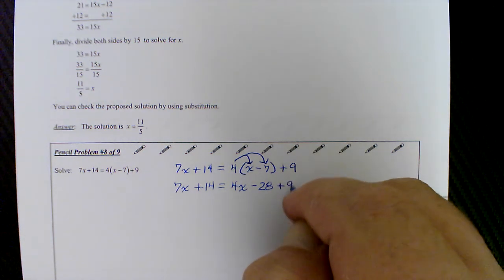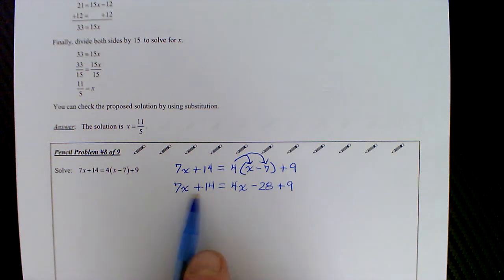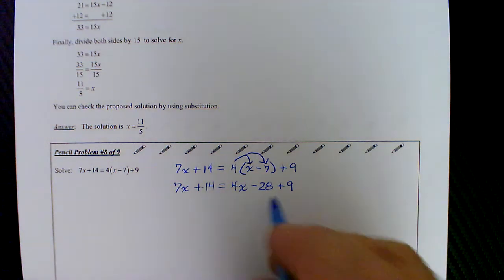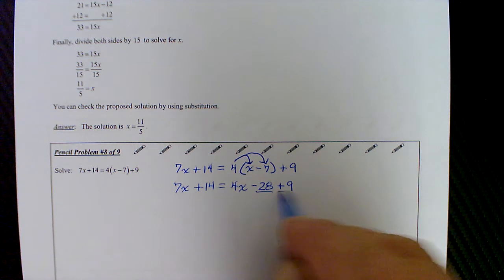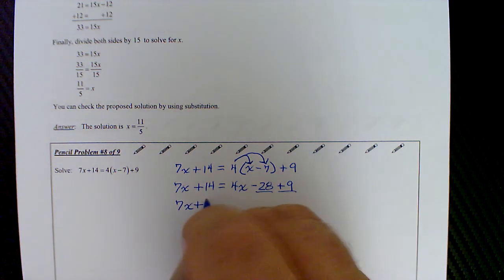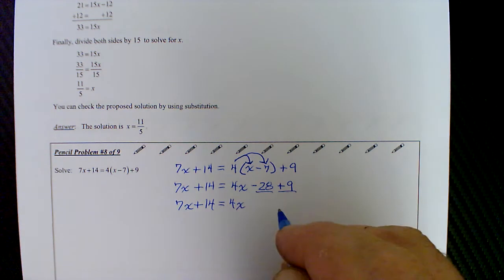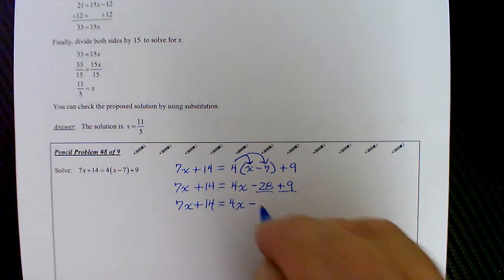Okay, on the left we're good, only two terms, x's and numbers that can't be combined, but on the right we see the constants can be combined. So I'm recopying the left, recopy the 4x, combine -28 and +9 to give -19.